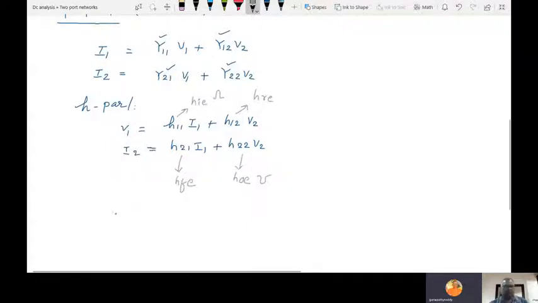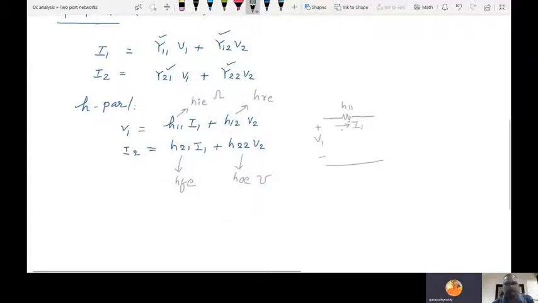But how to draw the equivalent circuit? This equivalent circuit is very important. Most of the books don't discuss this. So first the voltage form. Voltage form is always in series. So this is H11, current I1. We are applying voltage V1.